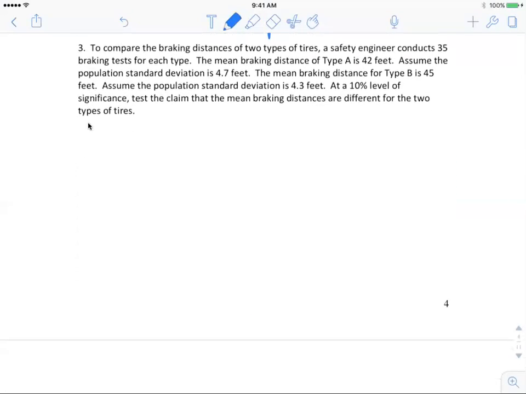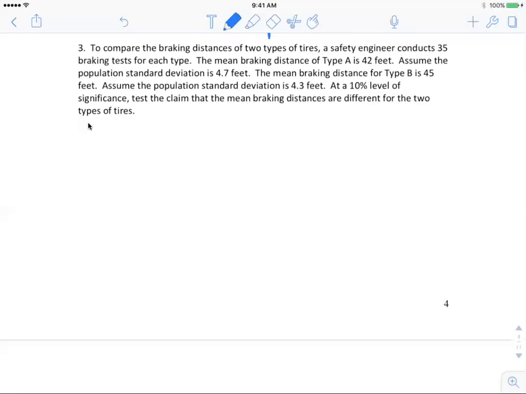So we need a lot of room because there's 2 different samples. One thing I like to do on these is first pull out all of the numbers and assign variables to them before I even start the steps. So this one we're comparing the braking distance of 2 types of tires, and then a safety engineer conducts 35 braking tests of each type.